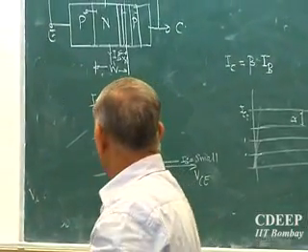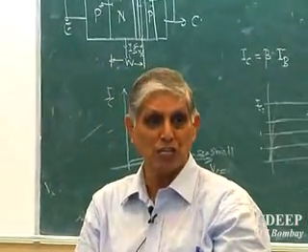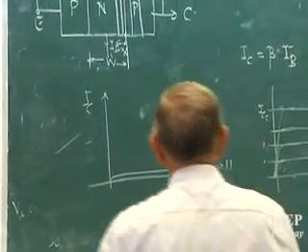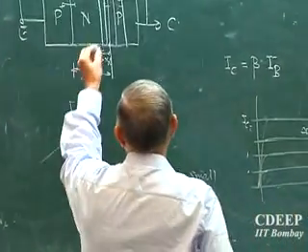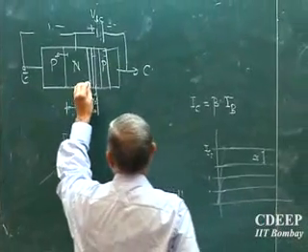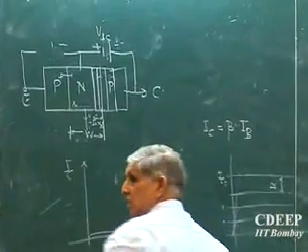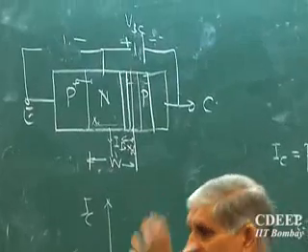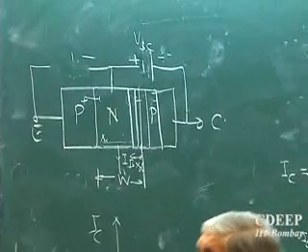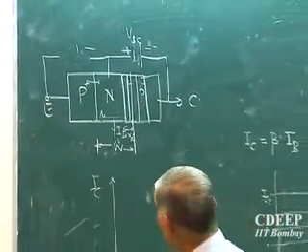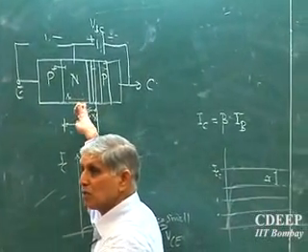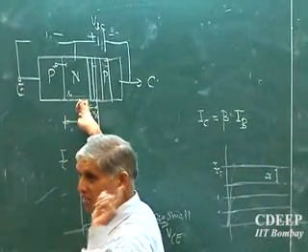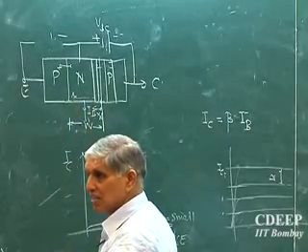So if I now increase VBC, what will happen? The dopings are adjusted so that the depletion never reaches the base emitter. If I increase the base doping, the depletion layer width will be smaller, therefore it will not reach this end.